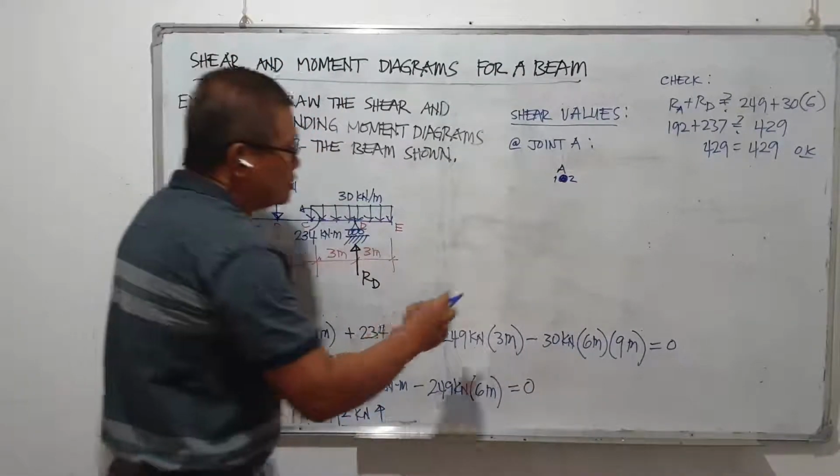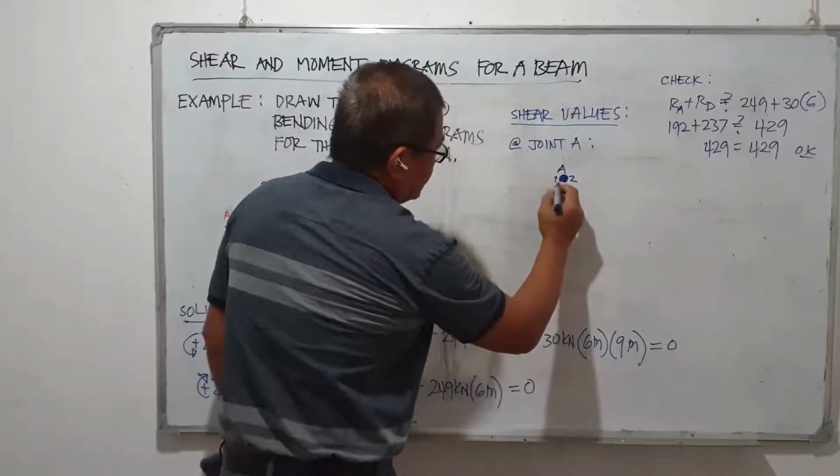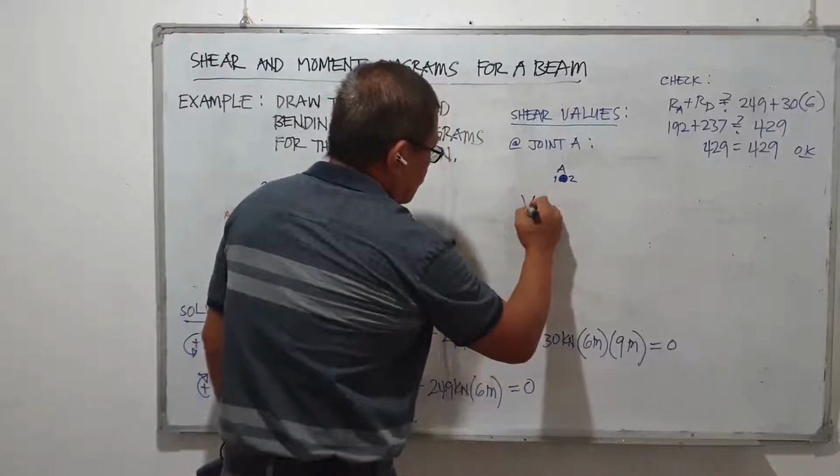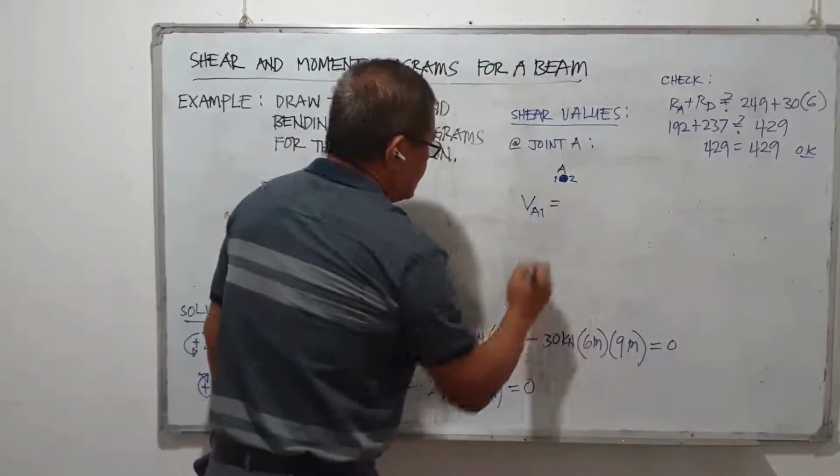Here, a little to the left, we can call that V sub A1.